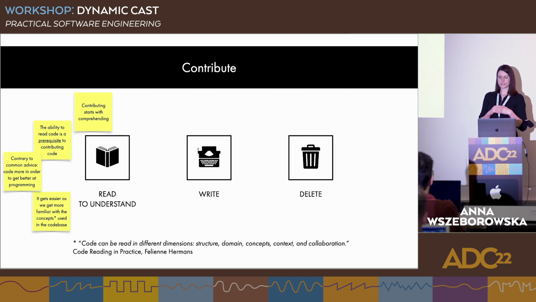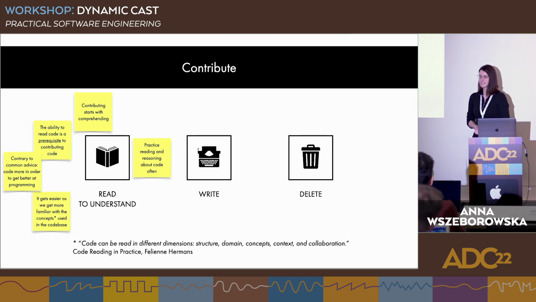And she defines different dimensions of approaching code. So you focus on the structure, or on learning more about the domain, or concepts, context, collaboration. I think it's very interesting to keep this in mind when you approach code. What am I trying to do? What can I hold on to, right? What techniques can I use to reason about this code?